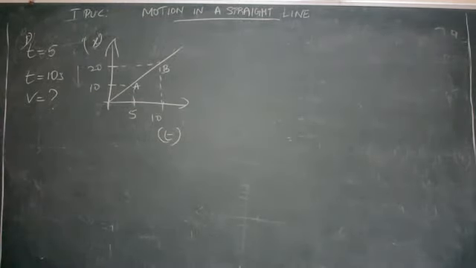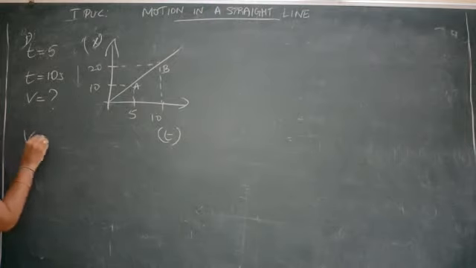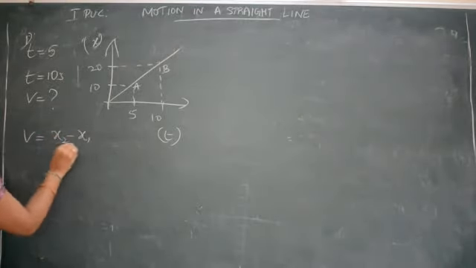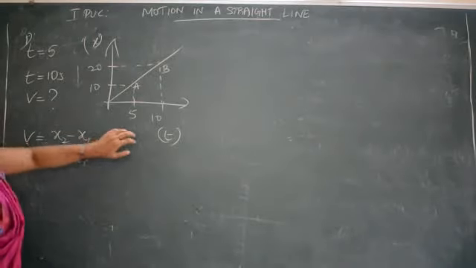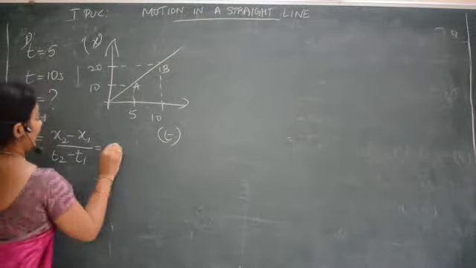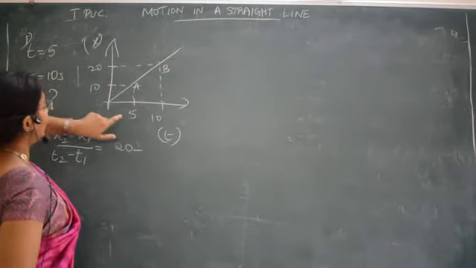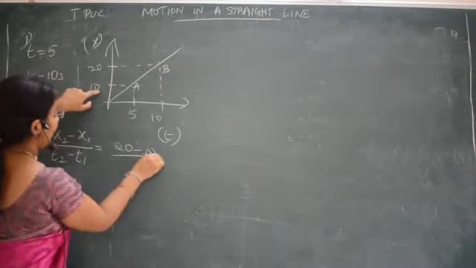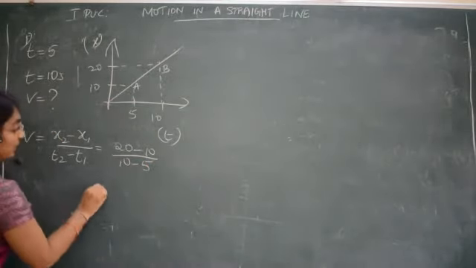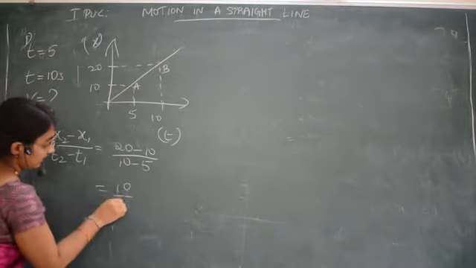How to calculate velocity? Velocity is nothing but displacement by time, that is x2 minus x1 by t2 minus t1. x2 is 20 minus x1 is 10, divided by 10 minus 5, which is 10 divided by 5.